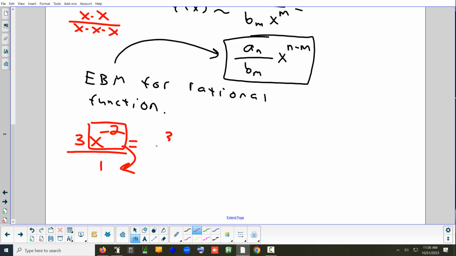So it's 3 over x squared. Okay, I get it. Thank you. Any other questions on that? I'm not saying it's always going to be negative. I'm just saying if it does come out negative, put it in the bottom. If it comes out positive, then just leave it. It's not a negative exponent, so you don't have to do anything.